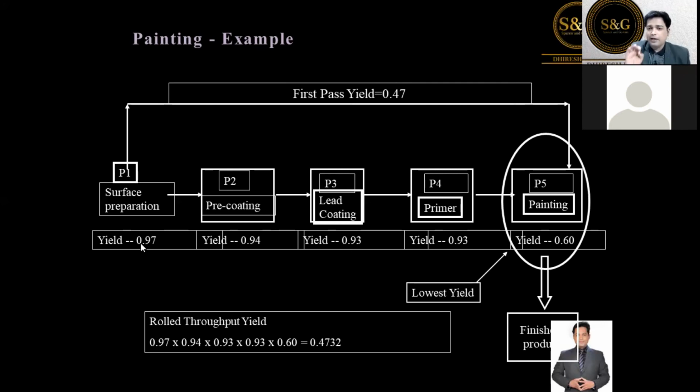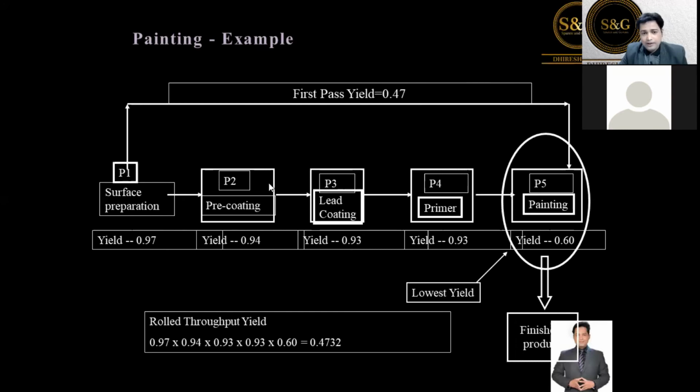Yield is nothing but first time right product. अगर मेरे 100 प्रोडक्ट अंदर गए, 97 come out first time right, no defects at all. That is called 97% yield or 0.97. Okay, so surface preparation का yield है 97% or 0.97.